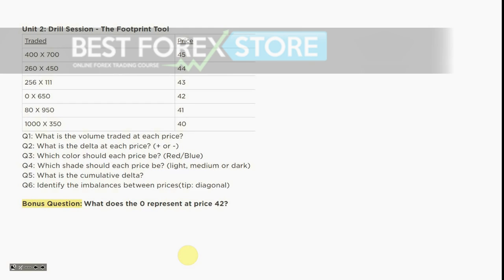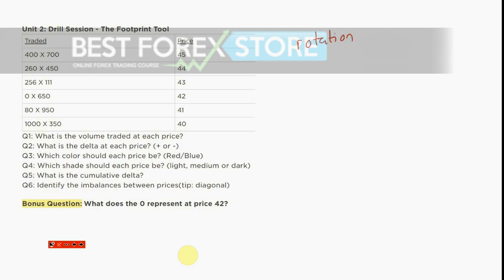Before we actually move into the drills and the sets of questions, let's first have a brief overview of exactly what we dealt with throughout Unit 2. To summarize, the two basic elements of setting up the tool that we are going to utilize throughout this course: number one, obviously, the rotation factor.